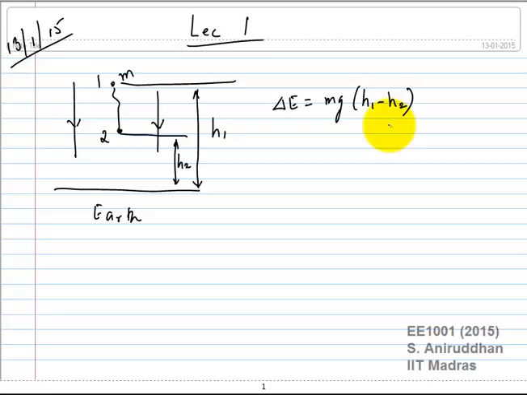Similarly, if you take the same example of an electric field in which you have a point charge Q, and let's say it moves from one location to another. So let us say this was location 1, and it moves to a second location through some path.